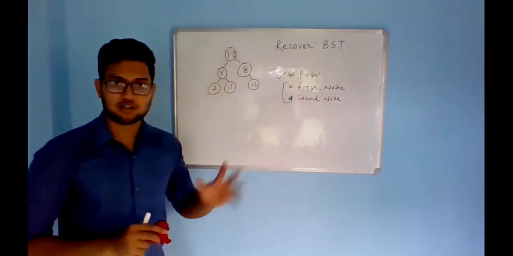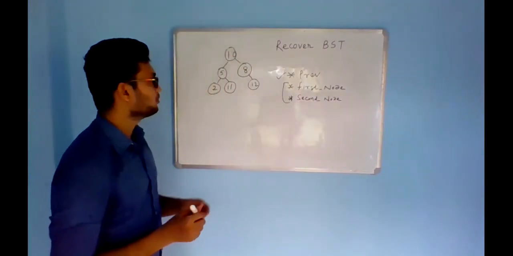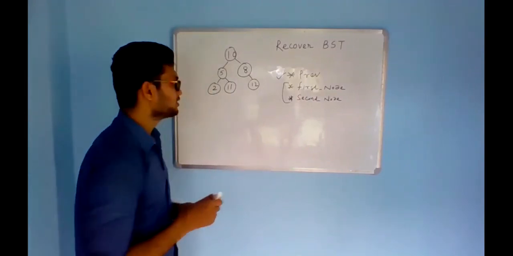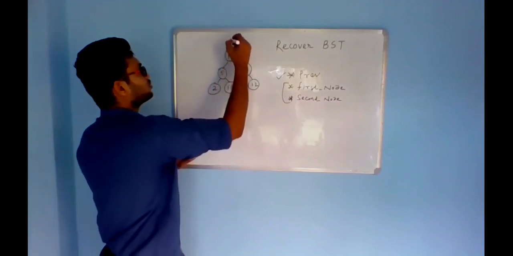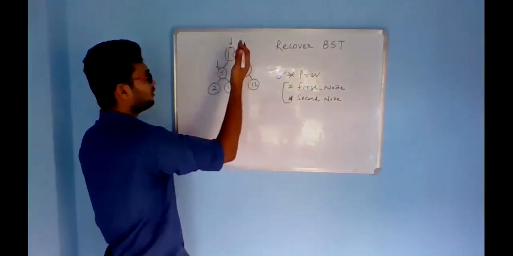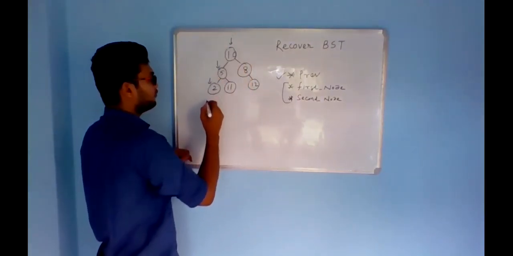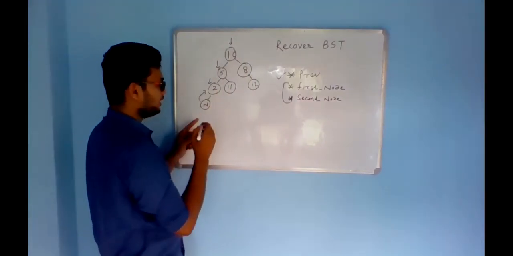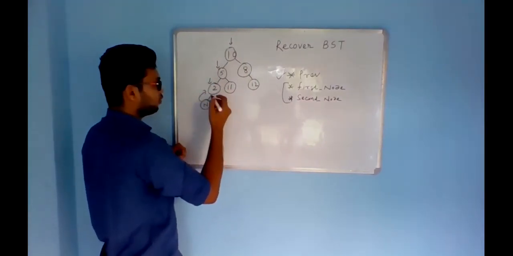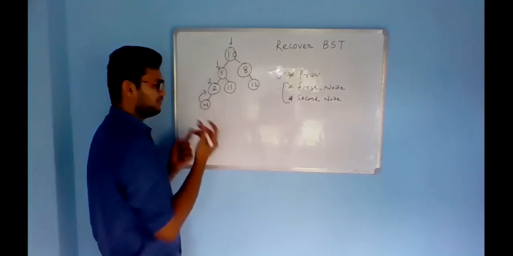So now let's start the algorithm. But before starting, I just want to mention that we will be moving in in order fashion. So in order fashion, we go all the way to the left, and when we reach a null node, we have to return back. Okay, and for a leaf node, there is no previous, right?